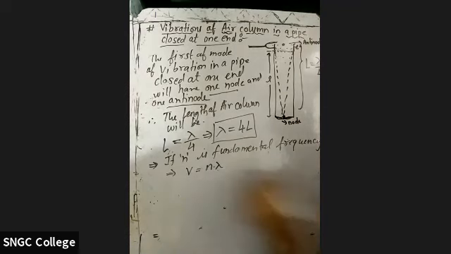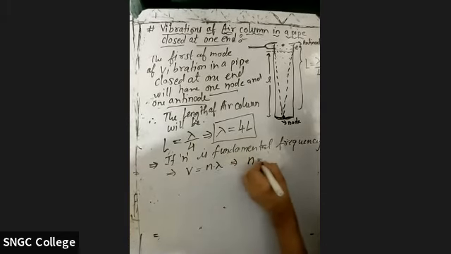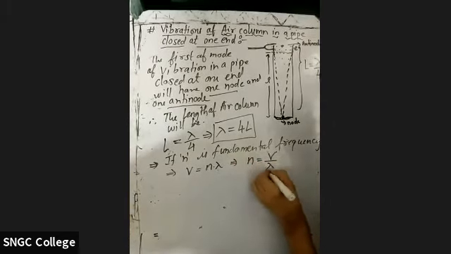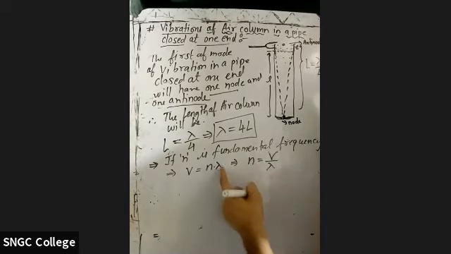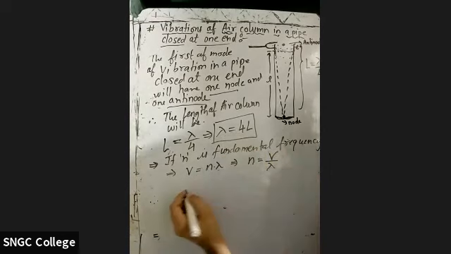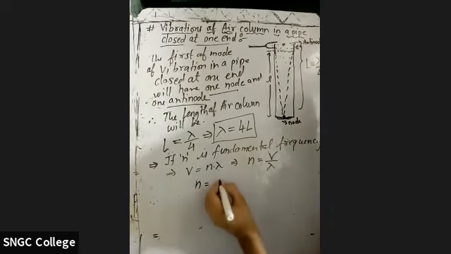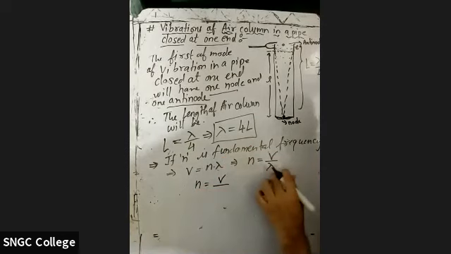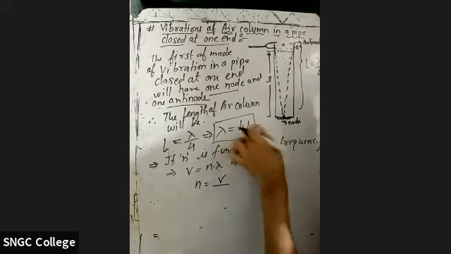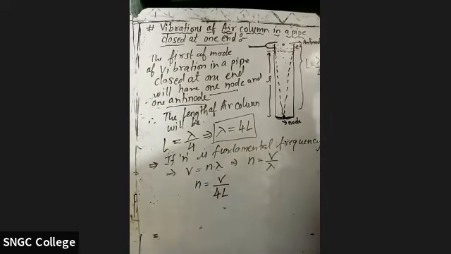So from here we can find that n is given by v upon lambda. You have to just rearrange this. Okay, lambda udhar jayega, divide mein aayega. Now we have to substitute this value of lambda in this equation. So we will find that n equal to v upon, instead of writing lambda, you have to substitute 4L.